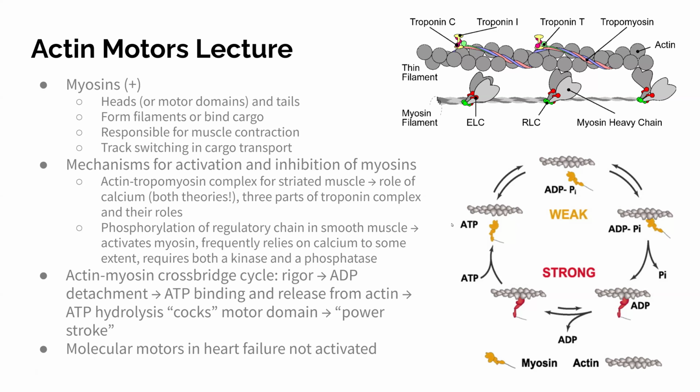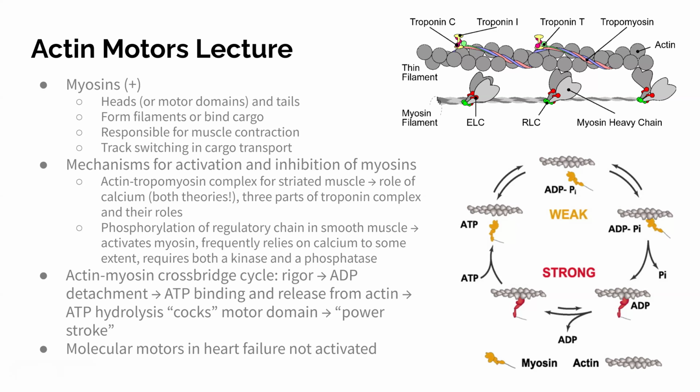This is why you're able to have this back and forth, which we'll talk about later, and why we connected it to heart failure originally and that drug. In the weak association, ATP will bind and then release from actin, and the ATP hydrolysis will cock back the motor domain, and you'll have the power stroke. That's what's going to contract. It slowly moves the filaments closer and closer together, and you get the sarcomere contracting.